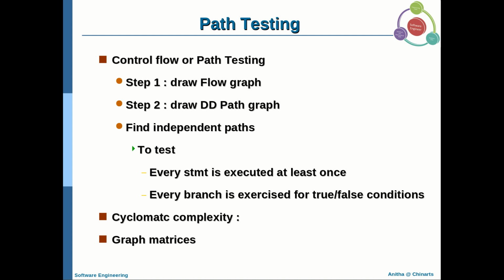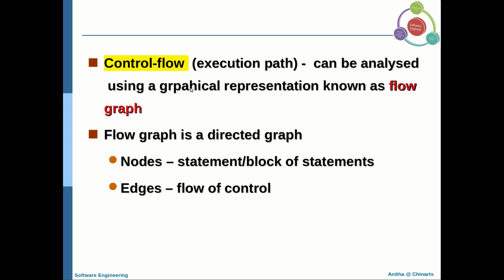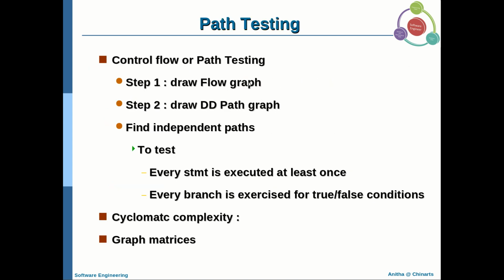Now, control flow testing is also known as path testing. The first step is you have to draw a flow graph. The flow graph we have already seen, it is a graphical representation of the execution flow. So you draw the flow graph. Then the second step is, from the flow graph, you are going to draw the DD path graph.